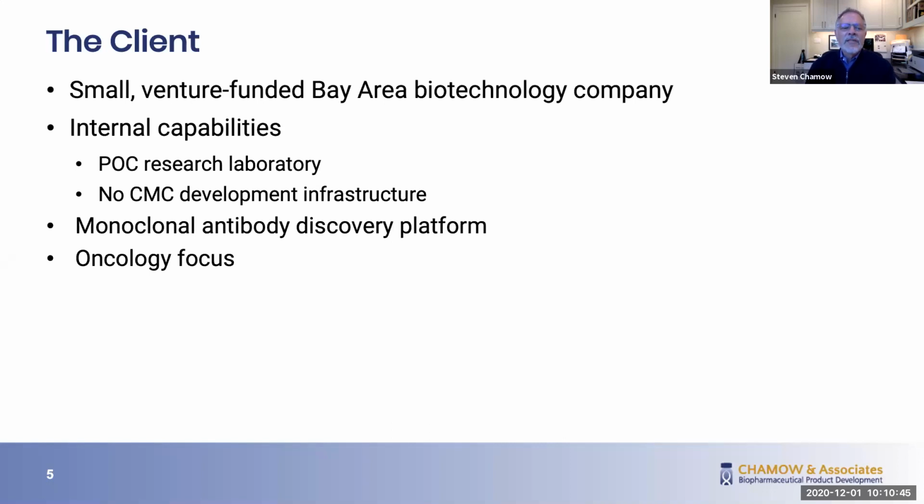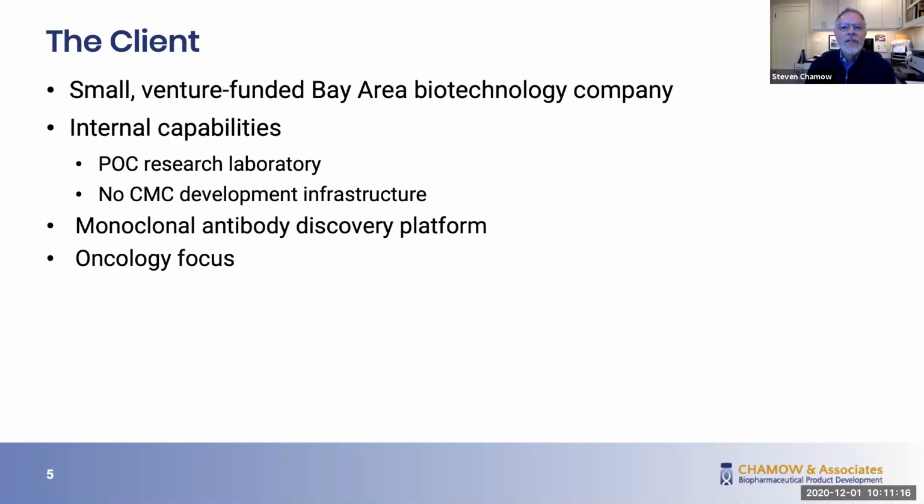And we see this a lot, companies that are venture funded, that have discovery technology, prefer to focus their efforts and resources on potentially generating new products, new antibody candidates, and prefer not to invest the considerable resources in the development infrastructure that will be necessary.